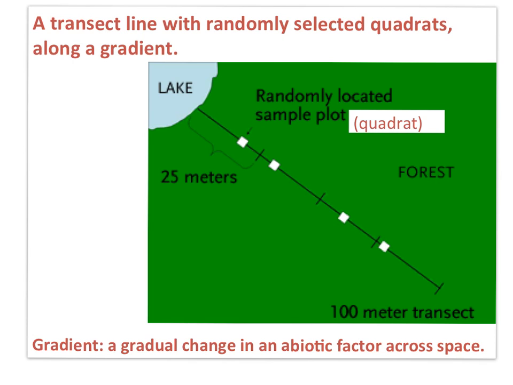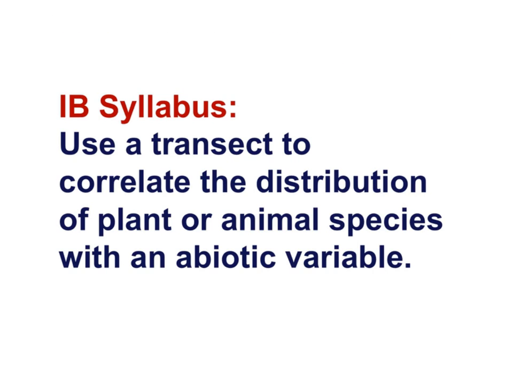The gradient is the change in the abiotic variable, soil moisture, wet to dry. The study examines the impact of the abiotic variable on the biotic variable of species abundance. Here is the relevant IB syllabus statement. Use a transect to correlate the distribution of plant or animal species with an abiotic variable.